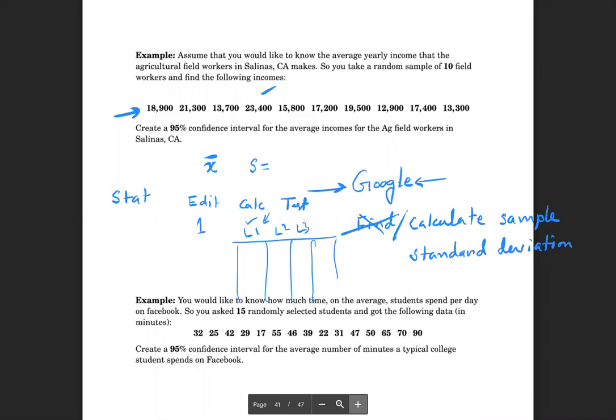So once you are in that column, you just enter these data points. Okay, so it's 18,900. Don't put the comma. I put the comma here, but don't put it. 18,900, one data point. Then 21,300.